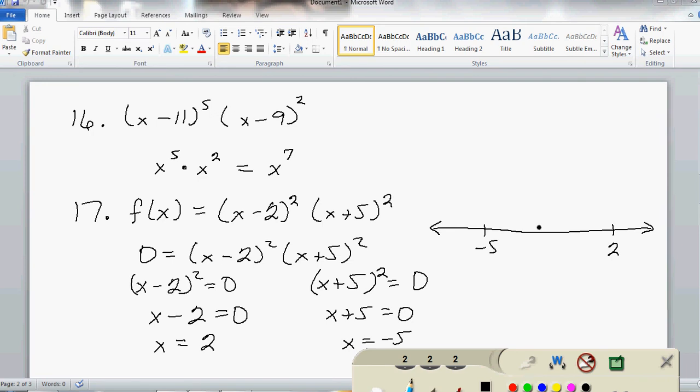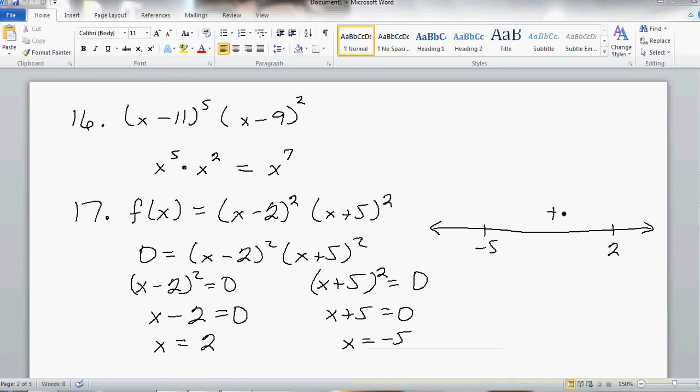So let's plug in 0. 0 minus 2 is negative, but negative squared is positive. 0 plus 5 is positive, and positive squared is positive. Positive times positive is positive. So between negative 5 and 2, it's positive.